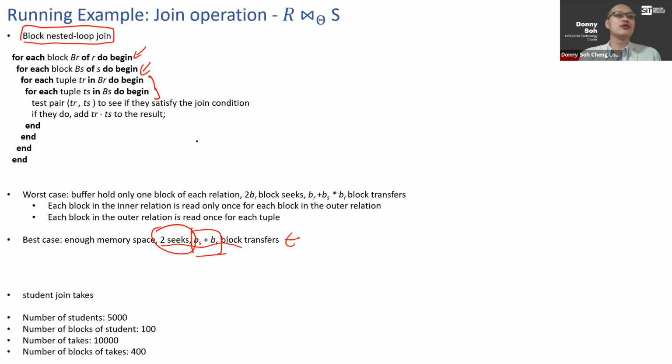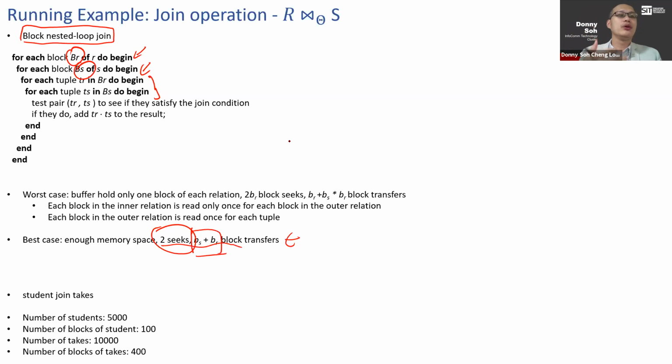Okay, let's look at what happens in the worst case scenario. In the worst case scenario, the buffer memory only holds 1 block for each relation. So I can only hold 1 block of BR, and I can only hold 1 block of BS. In this scenario, let's look at the number of block transfers.